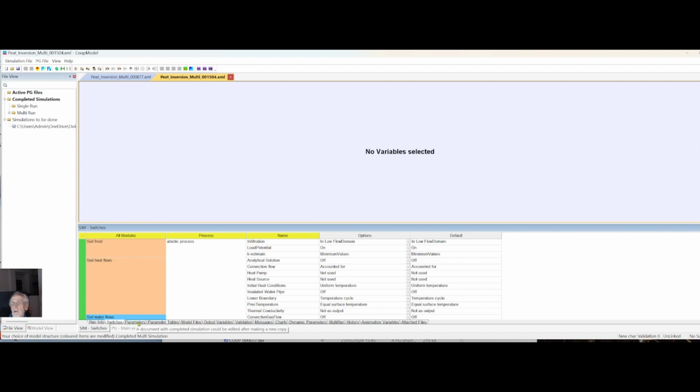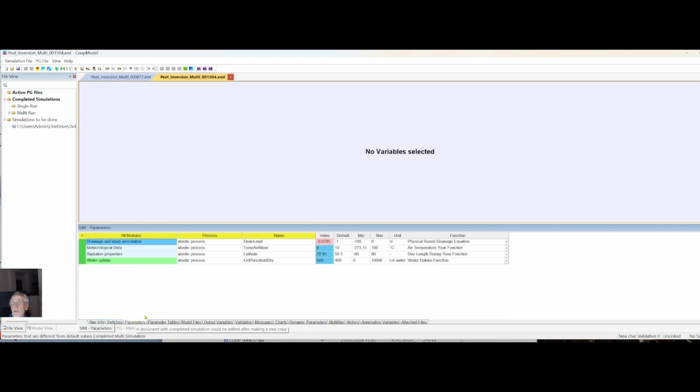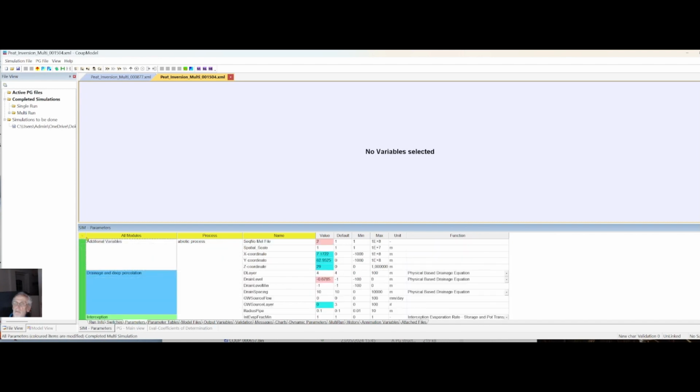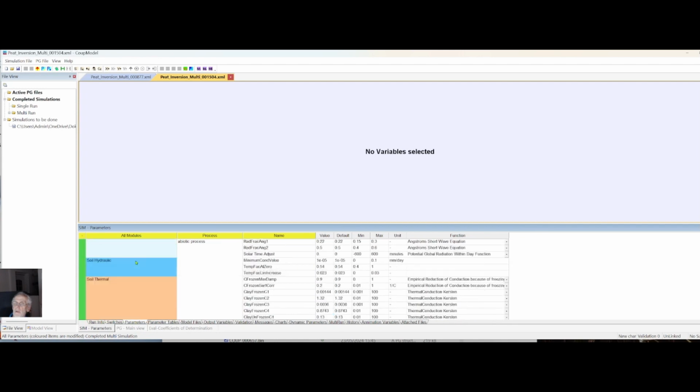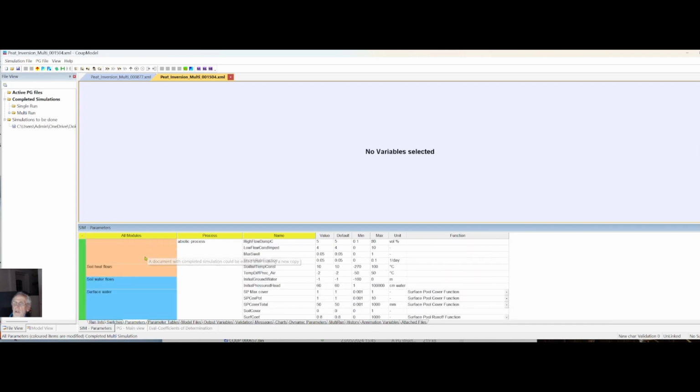And then I switch from the switches to the parameters, and now I see those parameters that we have changed compared to the default, but there's nothing in the soil heat, so I clicked on the plus to see those, and then we come to the section of soil heat flows, where we have a parameter called soil init temp, constant 10 degrees at the 1st of September, uniformly.